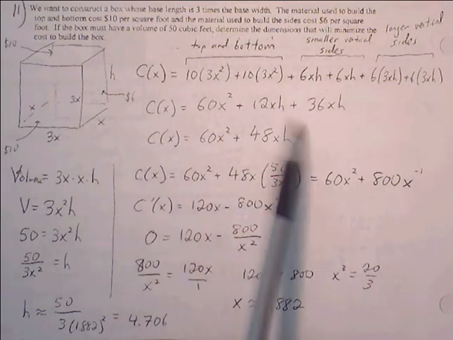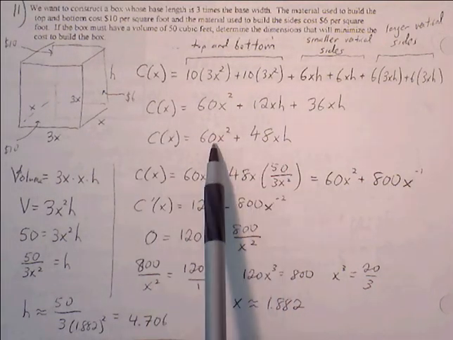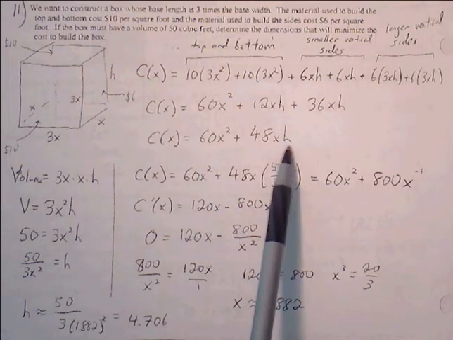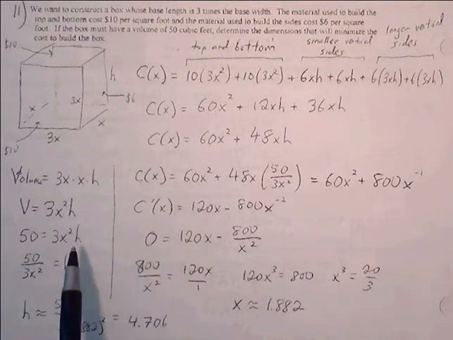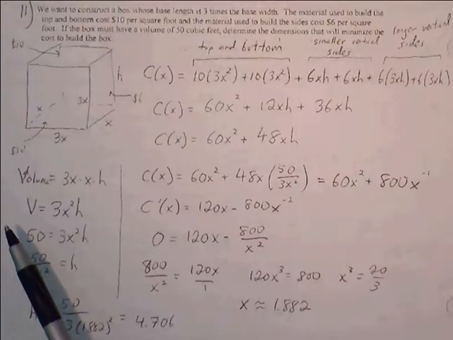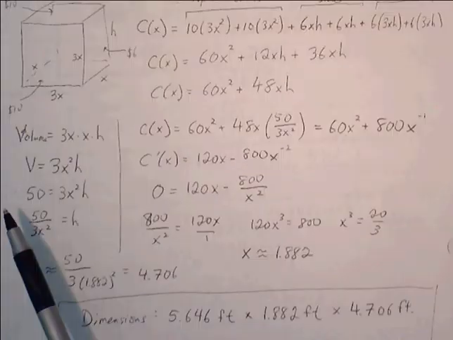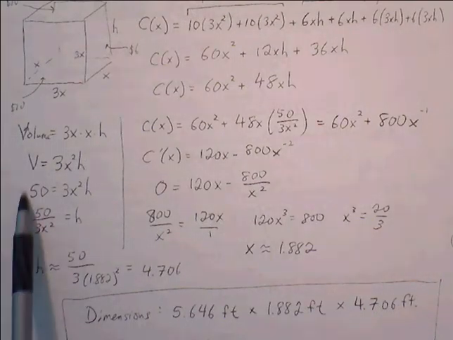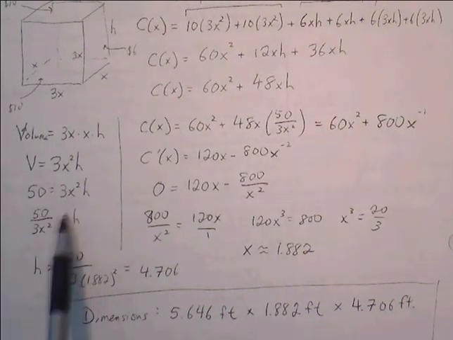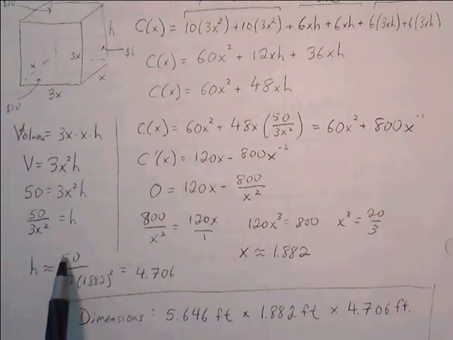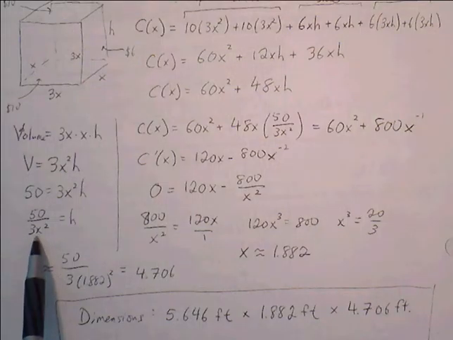We're trying to optimize the cost, so we want to get our cost equation down to one variable. Looks like h will be the easiest one to replace. So to help us replace h, we're going to go back to our volume equation. We know the box is going to be 50 cubic feet, so we can replace 50 in for V and solve for h. Divide both sides by 3x squared, and we get h is equal to 50 over 3x squared.